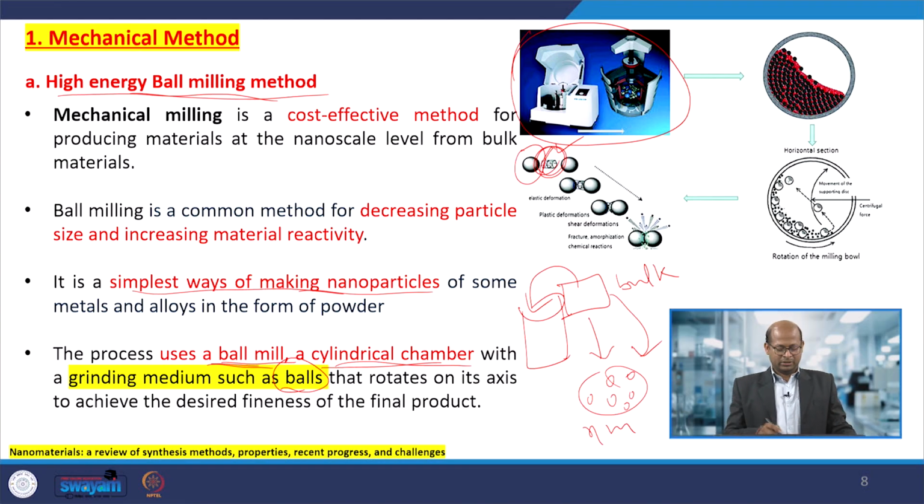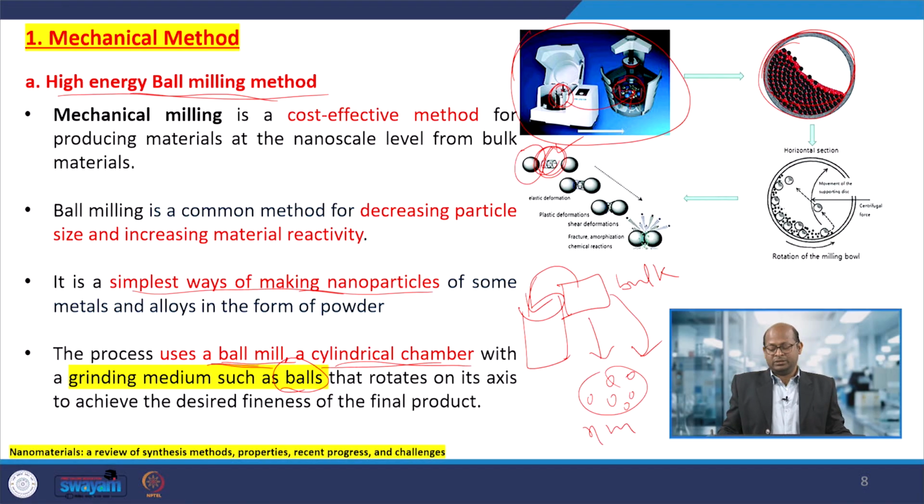These are the jars you can see. Depending on the quantity of material we are preparing, we can take a number of jars and balls in the containers, and then we can start the grinding. Sometimes we can also use solvents or inert gases.